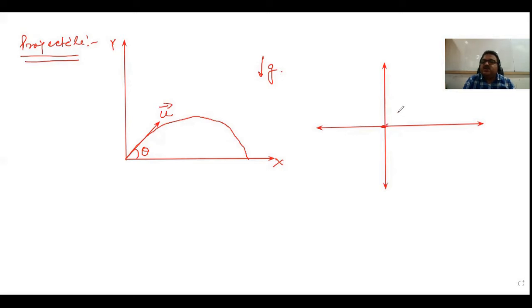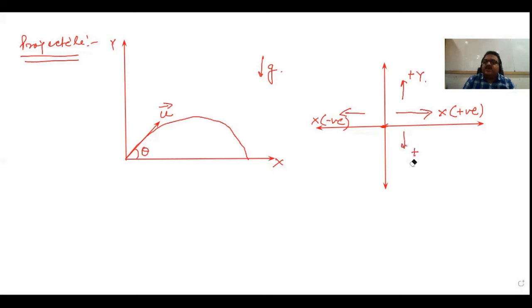If anything goes in this direction, x is considered positive. If anything goes in this direction, we'll consider x negative. If anything goes up, we'll consider that positive y. And if anything goes down, we'll consider this negative y.